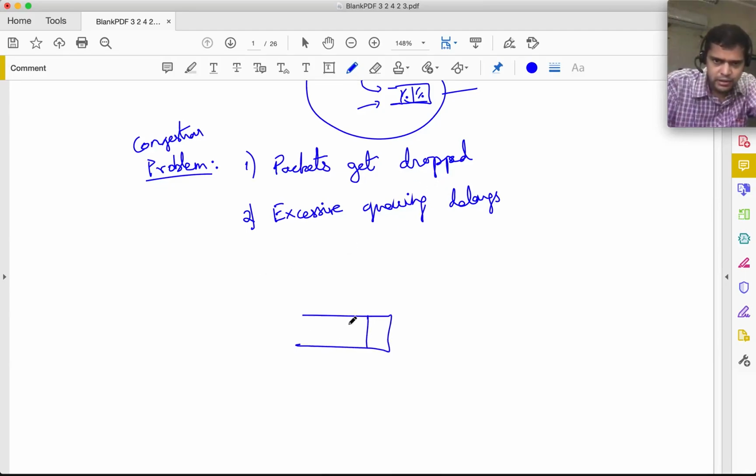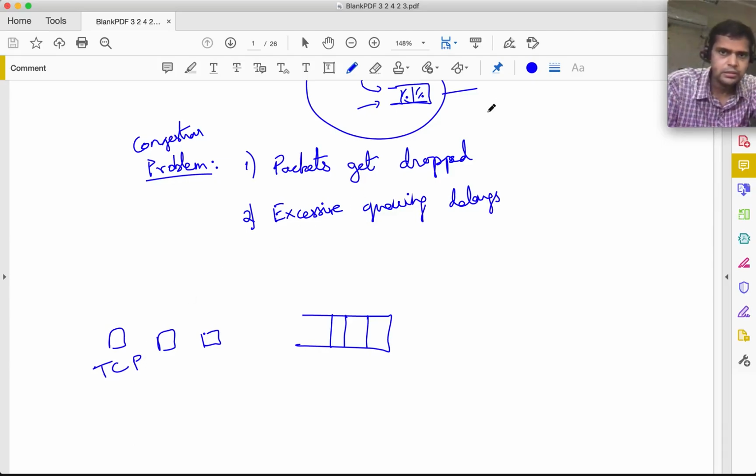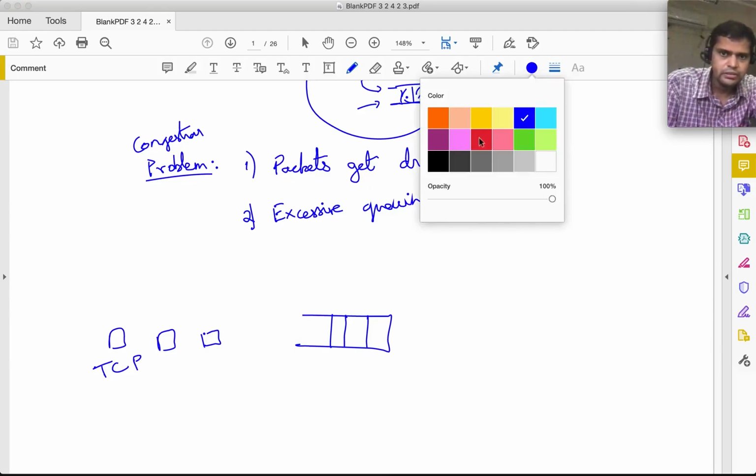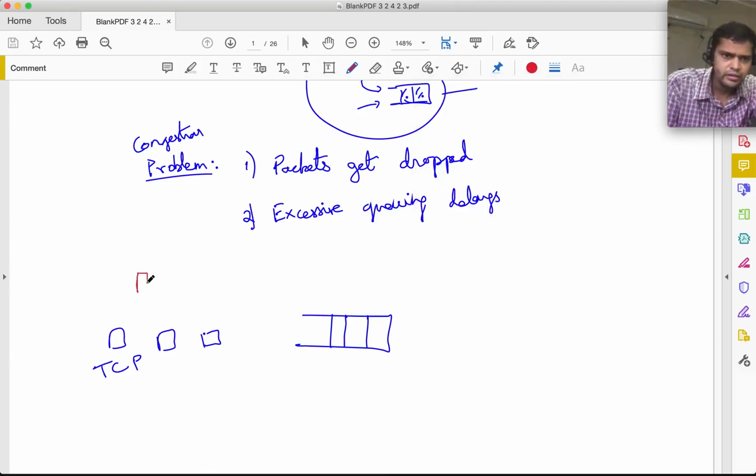Just to be more clear about it, suppose there are packets coming from TCP and in addition, let's say that somebody is using UDP, doing his voice call over UDP. The voice information is encoded and put in packets, going over UDP, a voice over IP application.